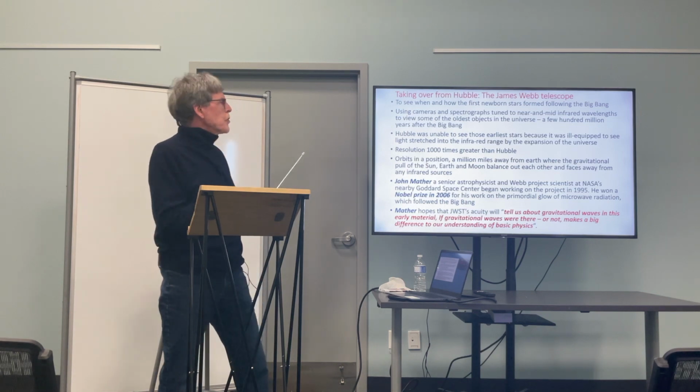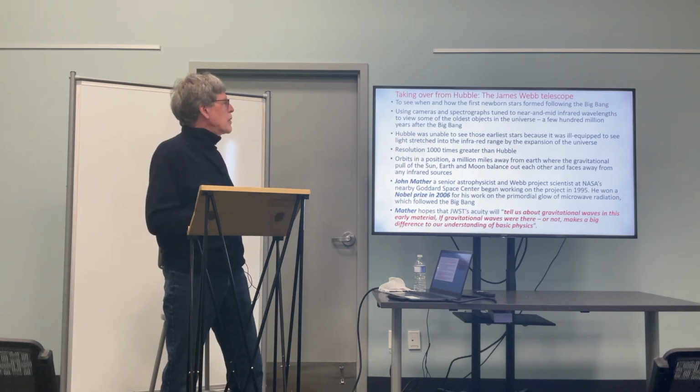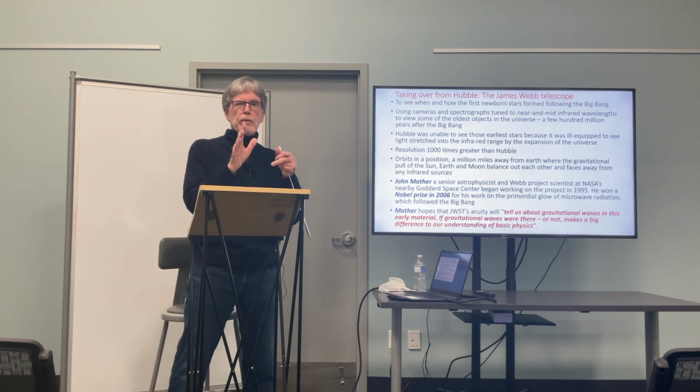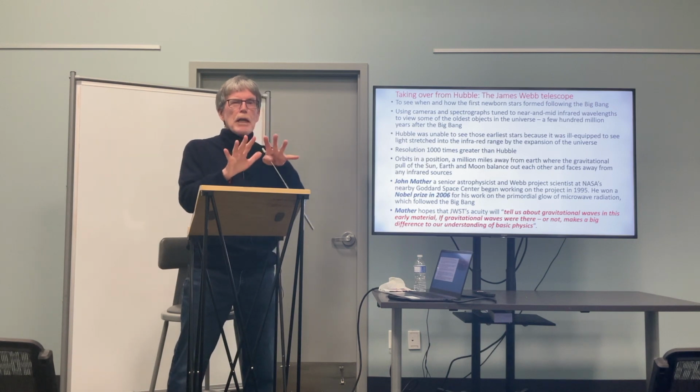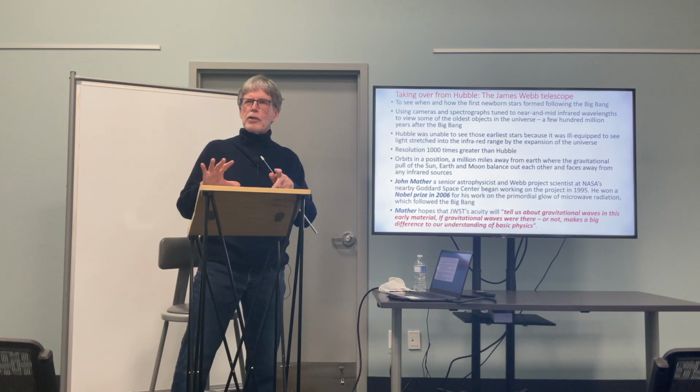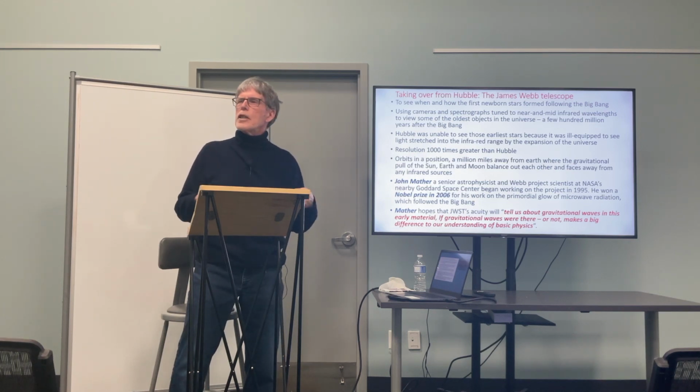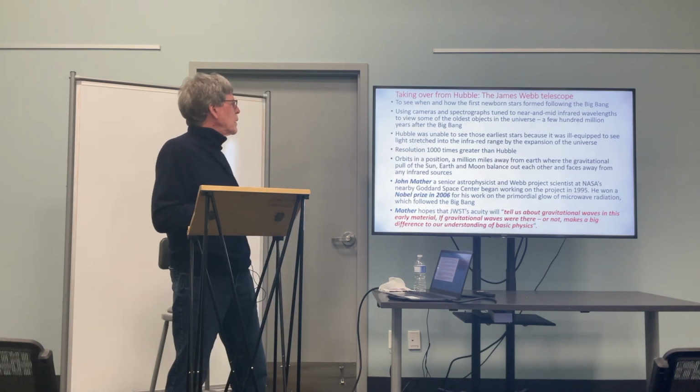The James Webb has a resolution 1,000 times greater than Hubble. It's really interesting if you see pictures taken by the James Webb Telescope of exactly the same space in space. And boy, it's just like somebody fine-tuned the picture, and you see a lot more. And we're going to see a lot more as time goes by.